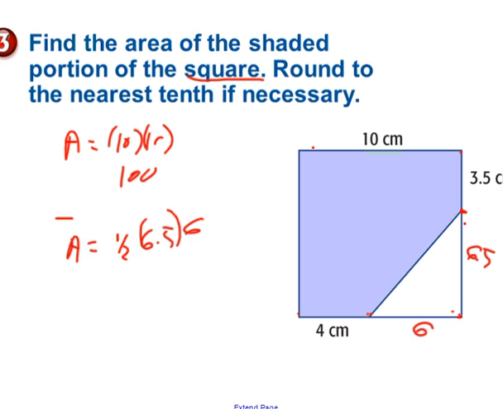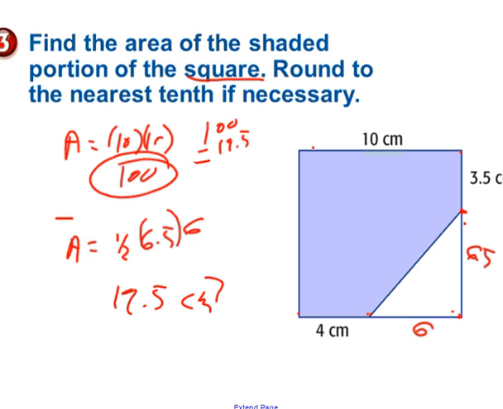And that would tell me the area of the clear or the non-shaded triangle is 19.5 centimeters squared. The area of the whole thing was 100, so I find the difference. 100 minus 19.5 becomes 80.5 centimeters squared for the shaded region. That's the shaded region.